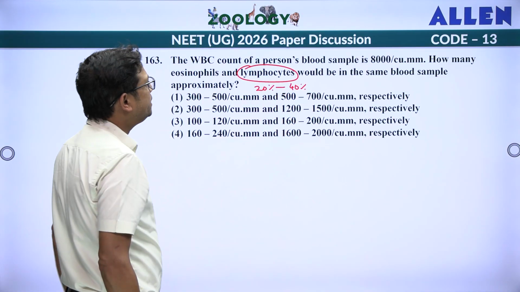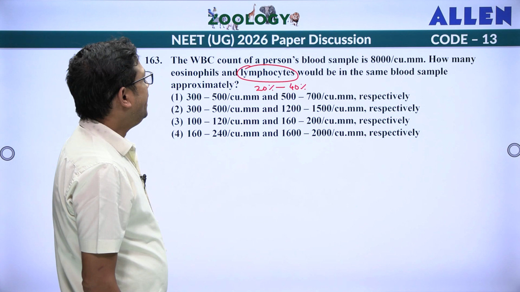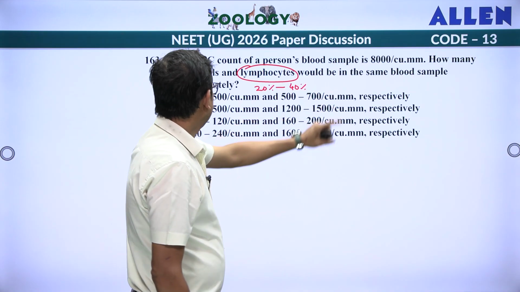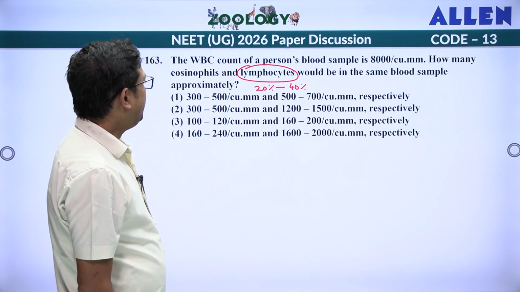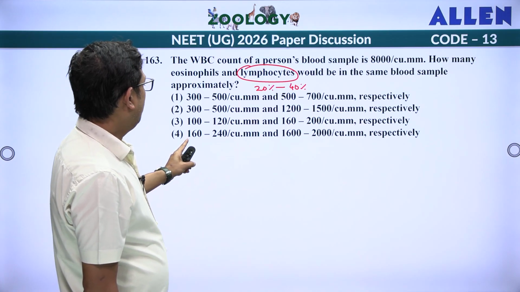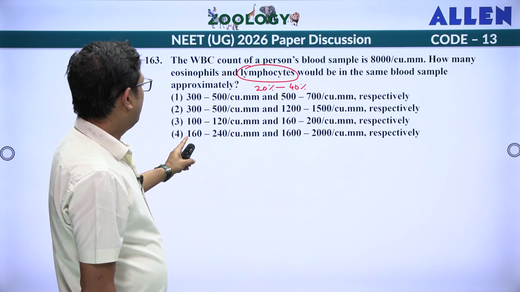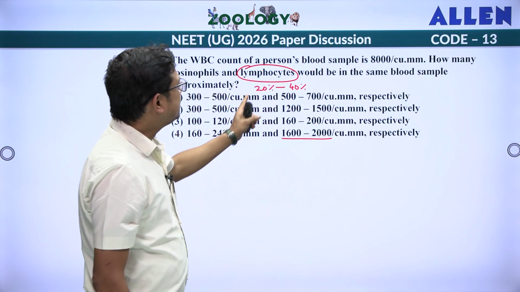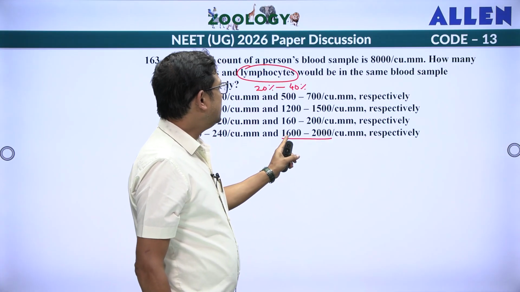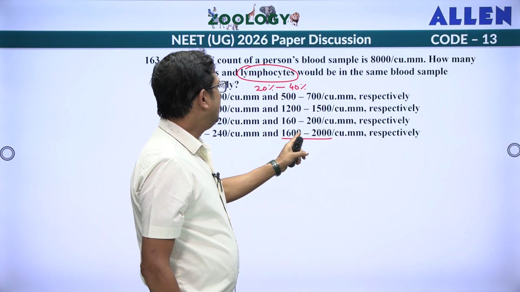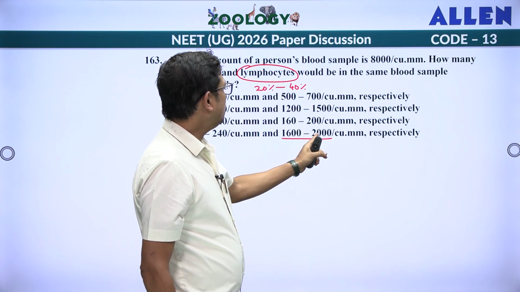So directly you can calculate. 20% of 8,000 is 1600, and 40% is around 3200. Hmm, so lymphocyte count will be 1600 to 3200.